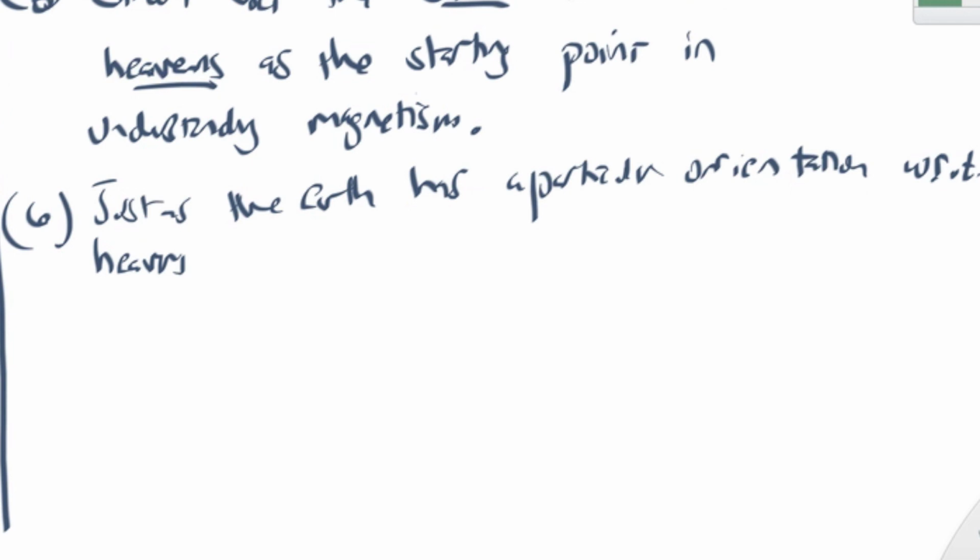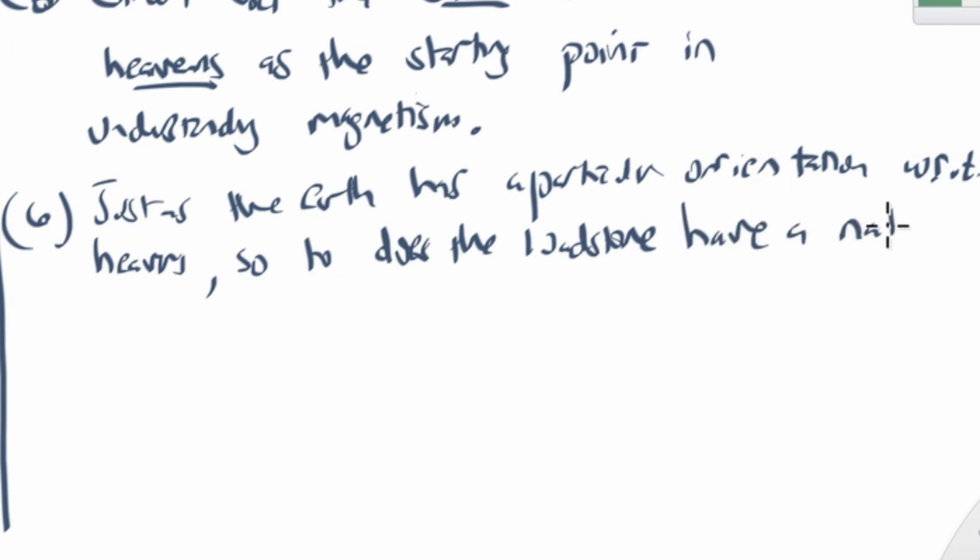After all, the pole of the earth lines up with the North Star, the Polaris. He says, so too does the lodestone or other magnetized objects. Does the lodestone have a natural orientation with respect to the Earth itself?